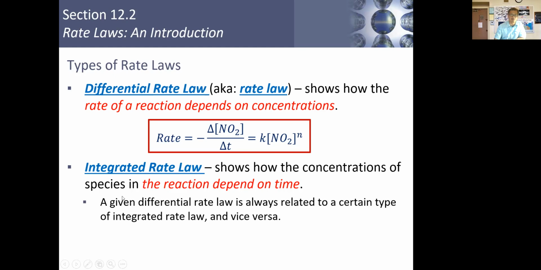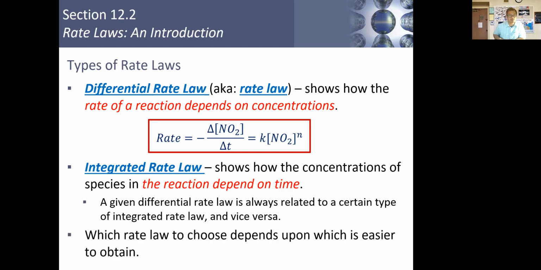If we integrate this differential rate law, for those of you who've taken calculus, we will get the integrated rate law, and that's why we call it that. For those of you who are interested, come on by and I'll show you how we do that integration. It's pretty quick and simple for those of you who've had calculus already.